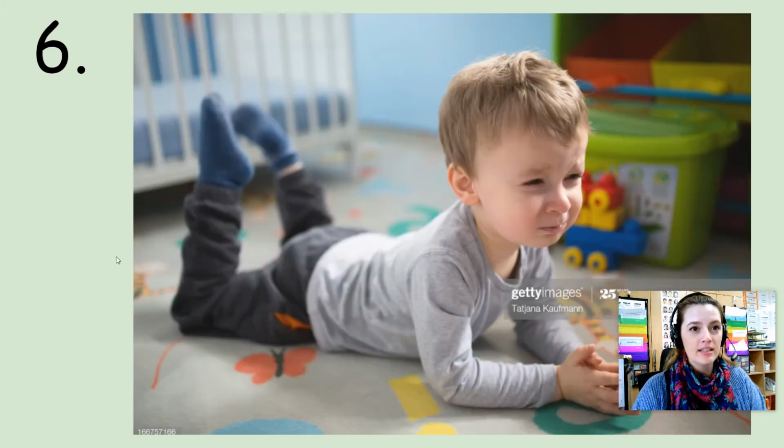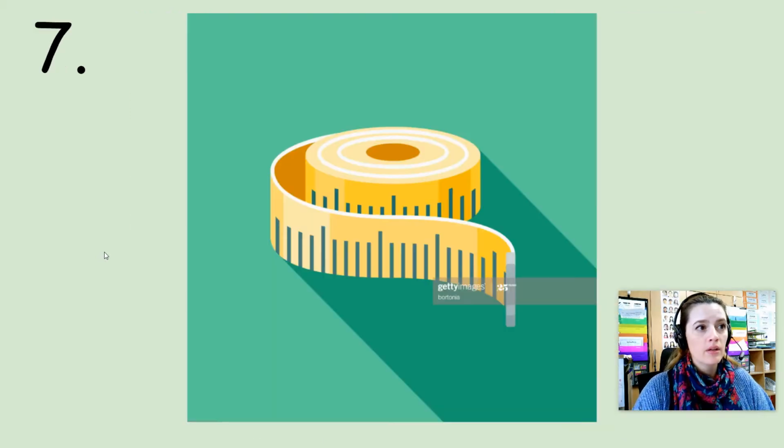Okay. 6, wine. Don't whine and cry. Number 7, width. You use a tape measure to measure the width of something.